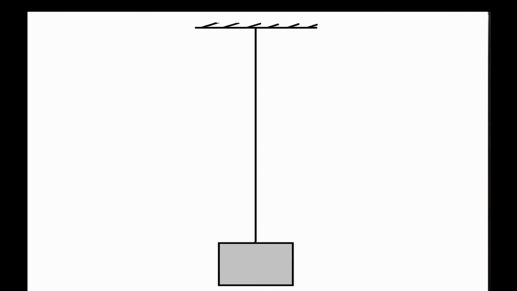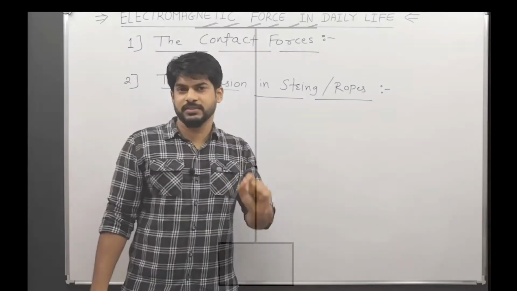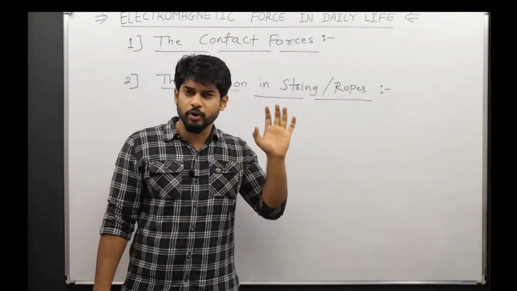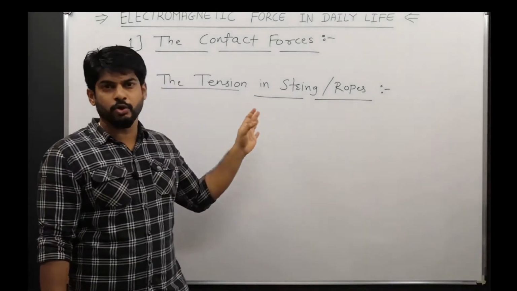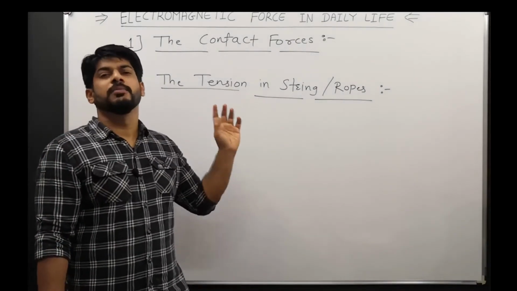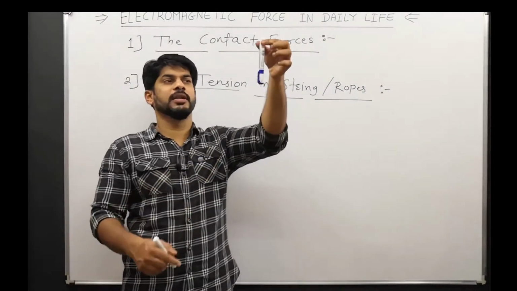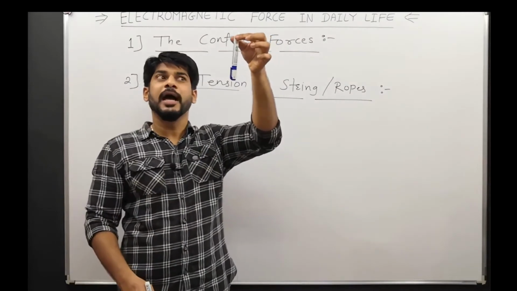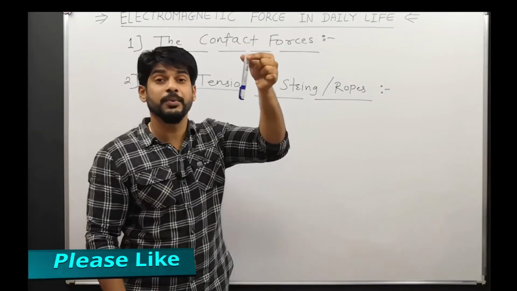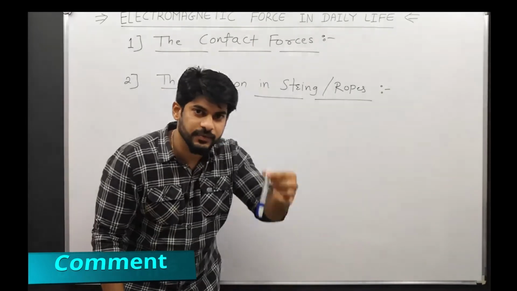Now if you look at this block with some mass, there will be some force on this block. I'm not talking about the tension right now, but any object like this pen has a force on it called the gravitational force that always acts downwards.